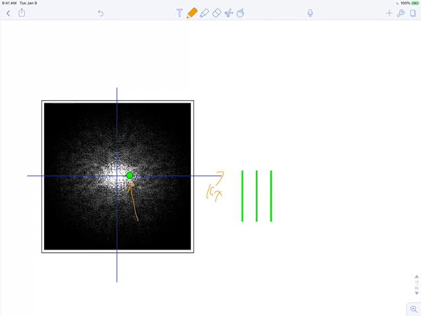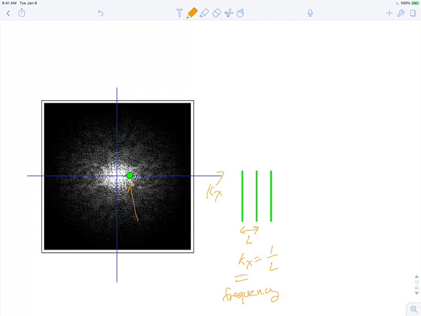So let's say this has some variation with some period, let's call it L. Then the kx value is just 1 over that period, 1 over L. So that's the frequency, and L is the period or the spacing.